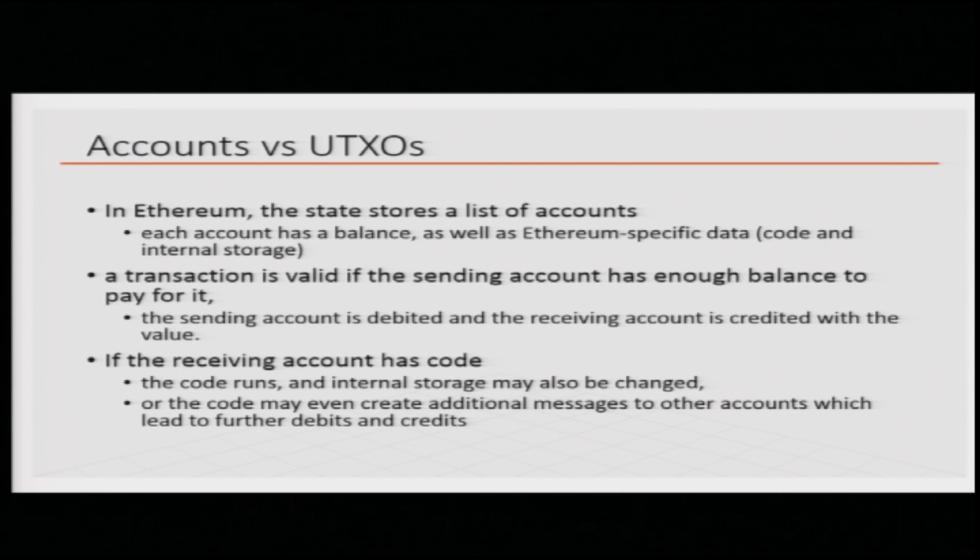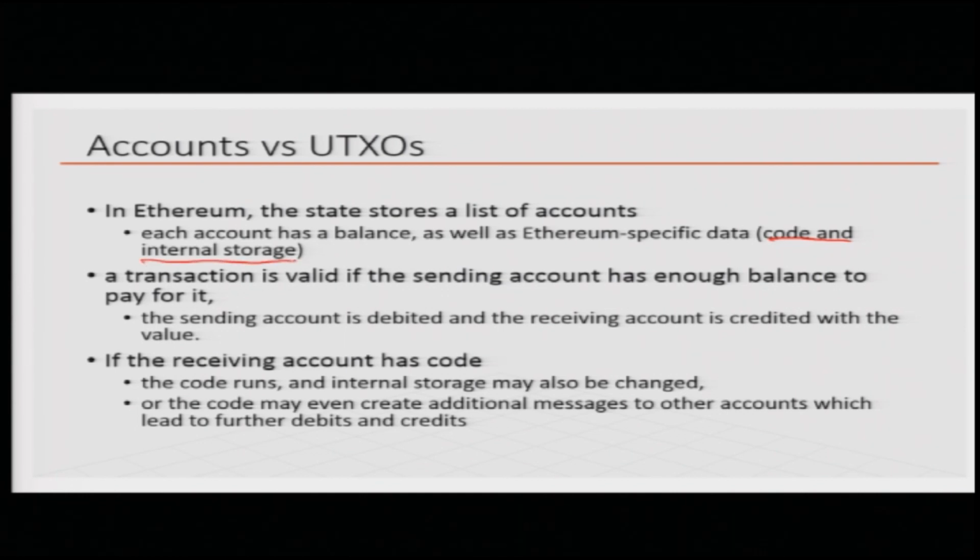In Ethereum, the state stores a list of accounts, and at any point the current state has a list of accounts which are active and they have a balance. The data associated with the account is the balance, the code if it is a smart contract, and internal storage, right.